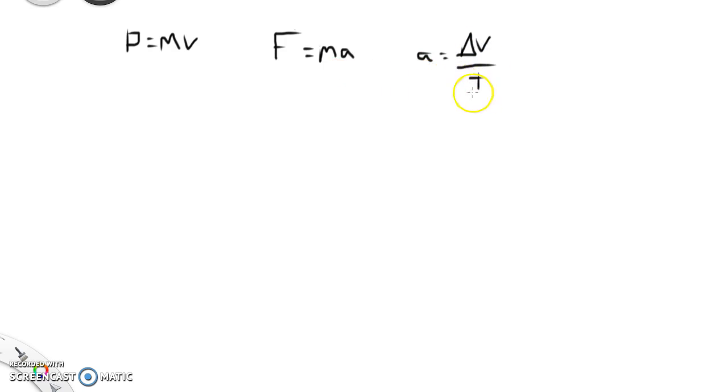We take this and put it right here for a. Then we get that F is equal to m times delta v over t. And we can actually take this delta and put it out front here.